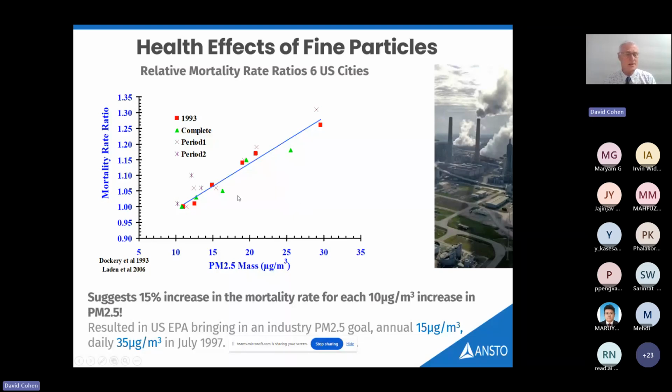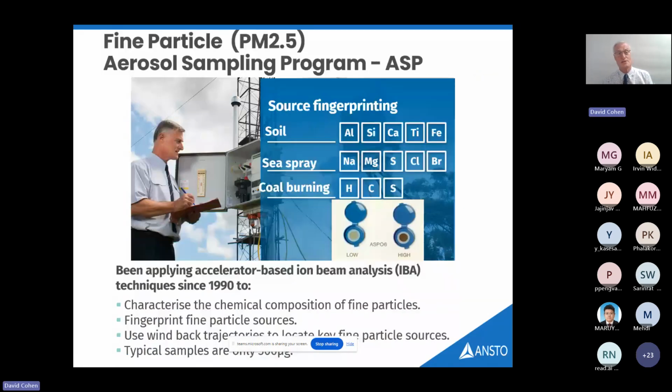So that's quite a significant number. And if you go to some Asian cities, Hanoi and Delhi and other places where the annual average is off this curve, might be 50 or 60 micrograms per cubic meter, you're going to have quite a significant increase in your death rate. And in fact, I've seen data that people who live in megacities in Asia have their total life expectancy reduced by 6 years. So fine particle pollution is pretty significant.